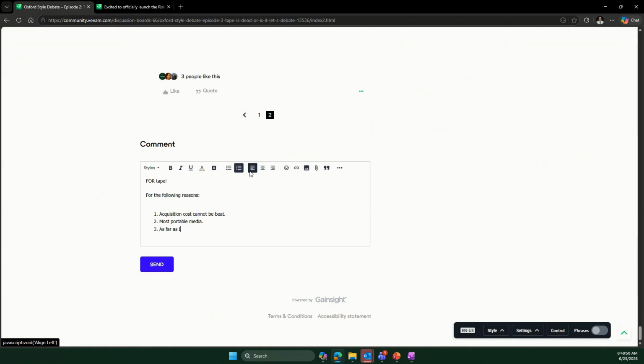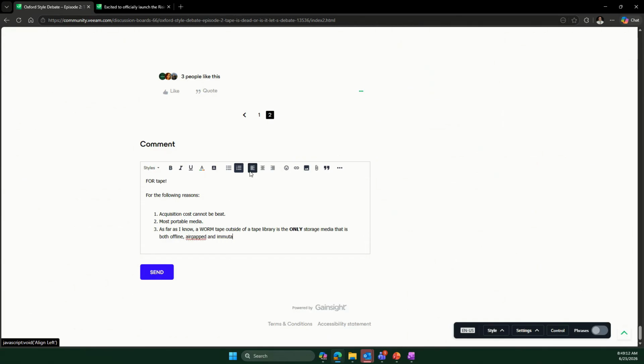As far as I know, a WORM tape outside of a tape library is, let's make it bold and underline, the only storage media that is both offline, air gapped, and immutable at the same time. So if I was to tell you 4 reasons for tape, those are my 3.